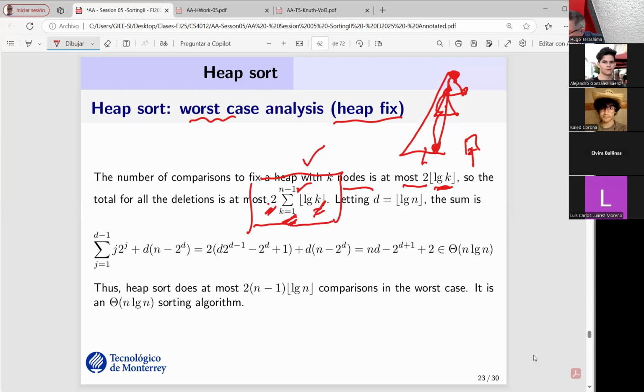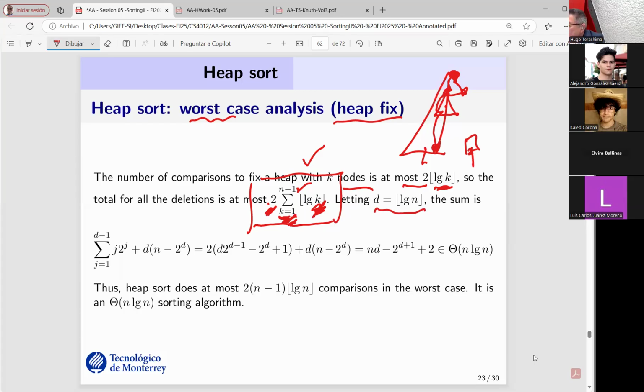Yes, 2 is just the number of comparisons for each level, and log of k is the number of levels for a tree with k elements. But k is in fact decreasing, but you can say it's increasing from 1 to n minus 1, the same, right? So if I solve this equation, I'm going to get the complexity of the heap fix phase, right?